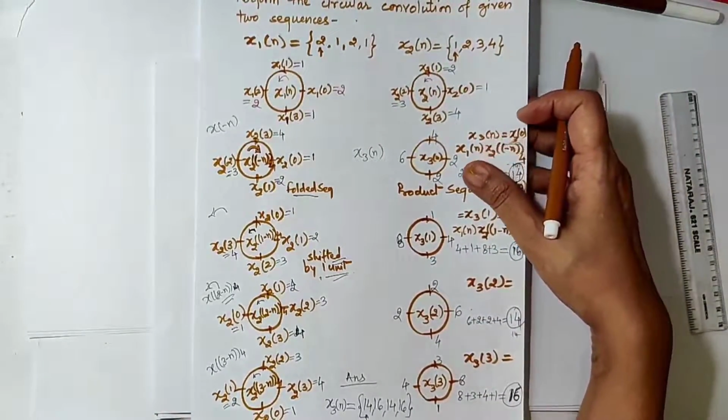Now, before discussing the time reversal property, let us see one more method, a shortcut method. Many authors explain circular convolution with many types of solving methods. We already considered in the last sessions the graphical method and the theoretical method with the product of two DFT sequences.